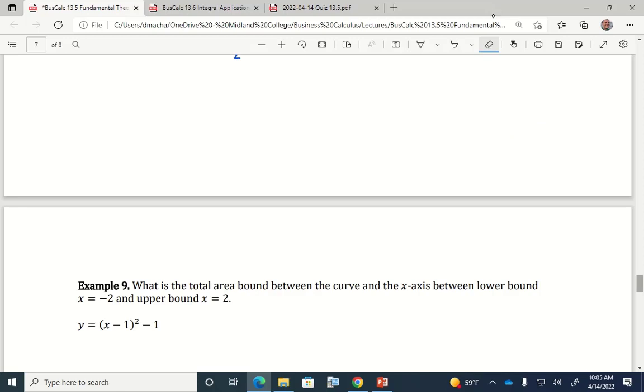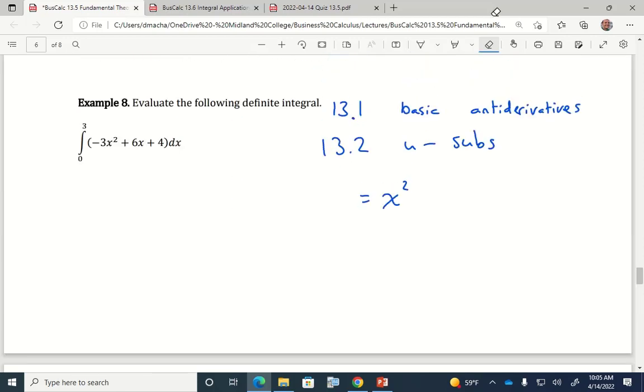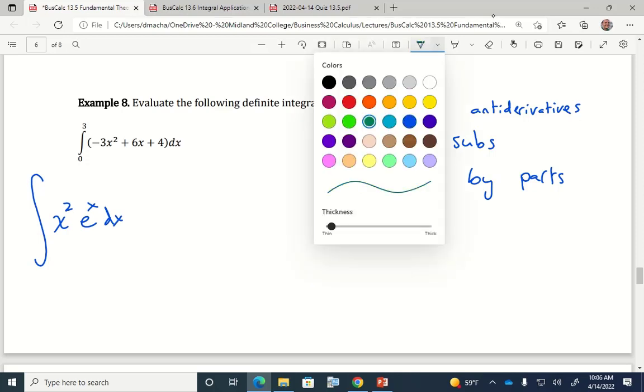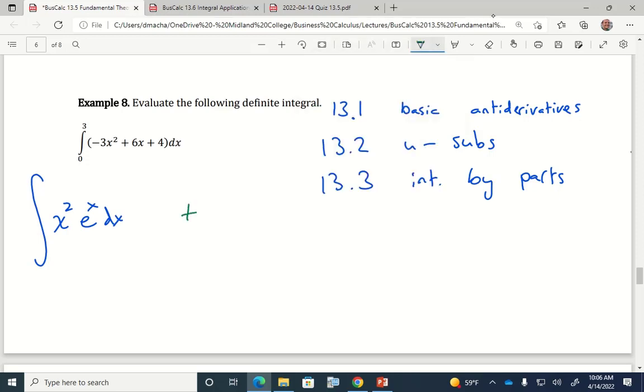In 13.3, we did integration by parts. And so an integration by parts problem would be something like this. And we had to make a little table. So we said plus, minus, plus, minus. We put x squared here, and then we took the derivatives until we got to 0.